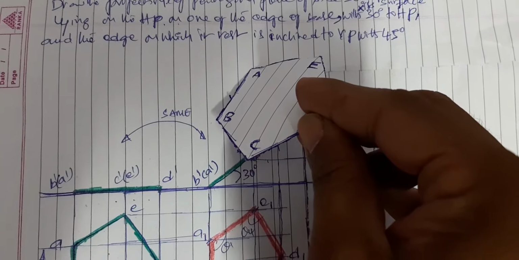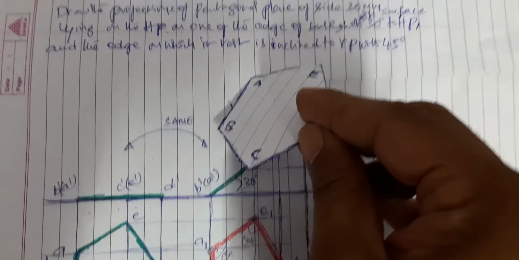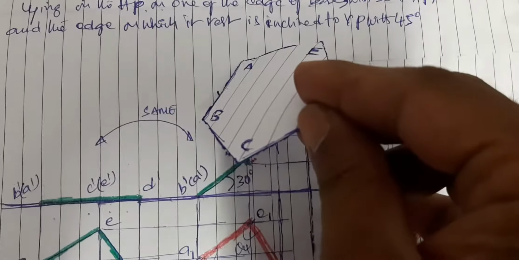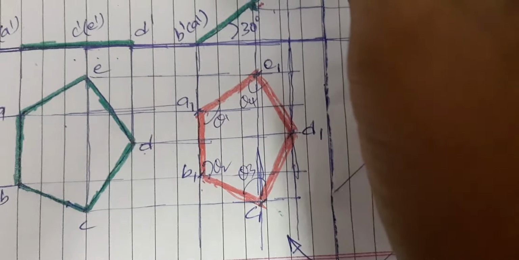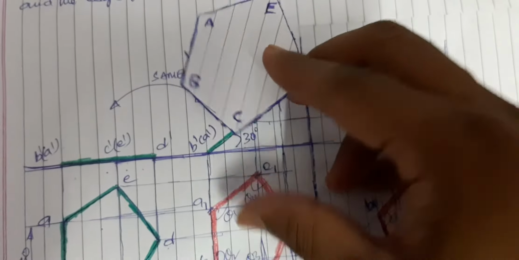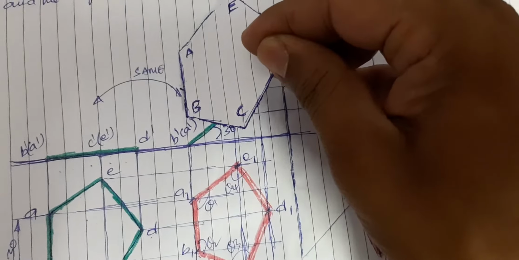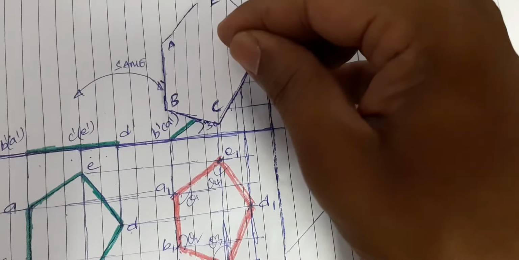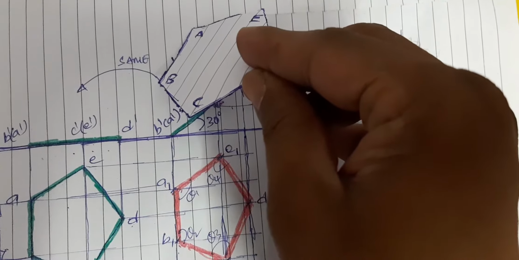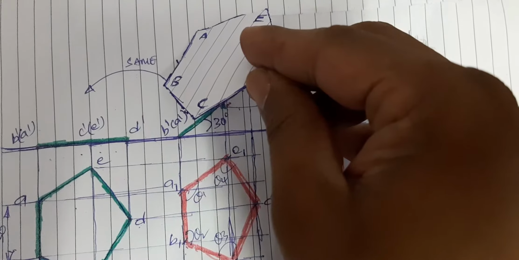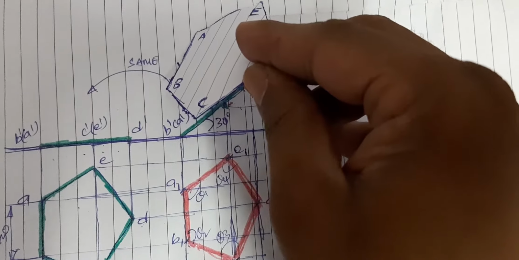The difference is this is the top view when the plane is placed like this, and next we get one more top view when the plane is like this. So both top views are the same.